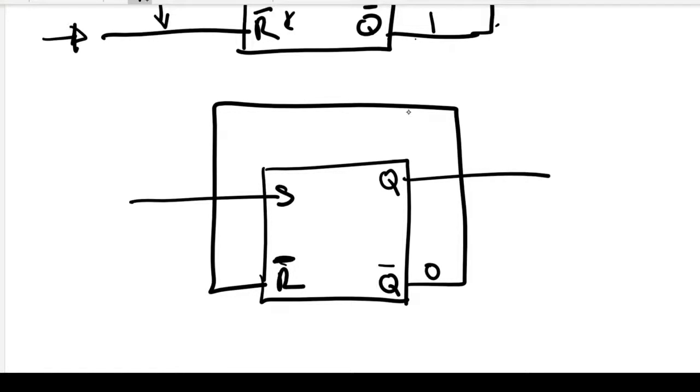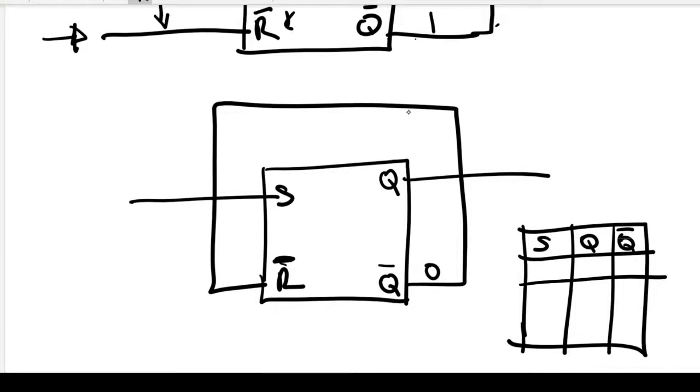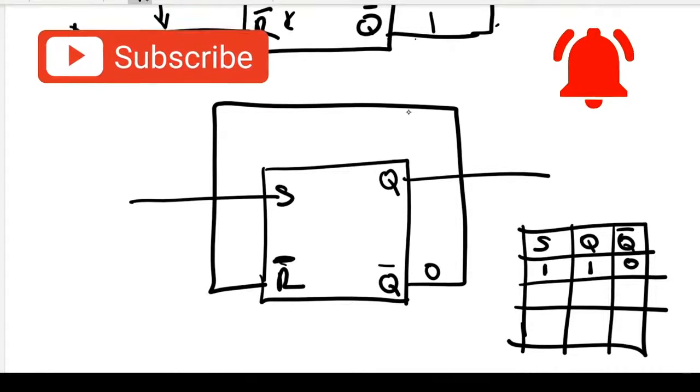So the first time you're going to have your table, it will look something like this: this will be my set, this is my Q, this will be my not Q. If I do 1 here, this is going to be 1, and this will be 0. And because it is 0, it will reset the signal back to what it used to be.